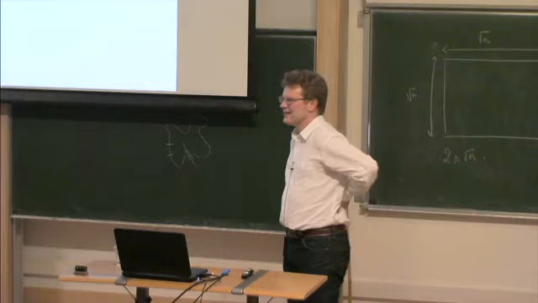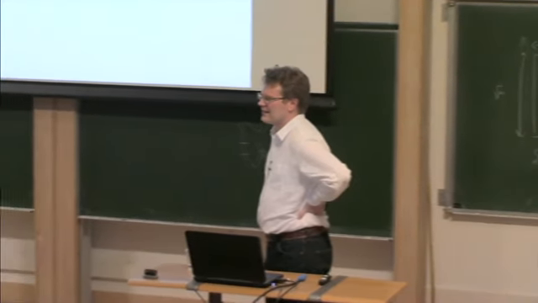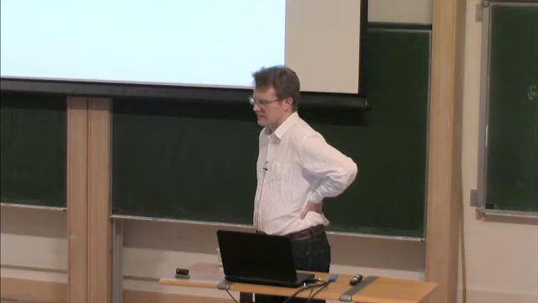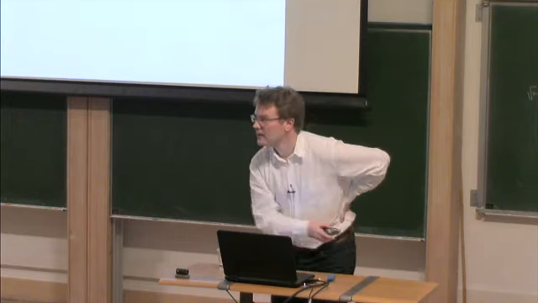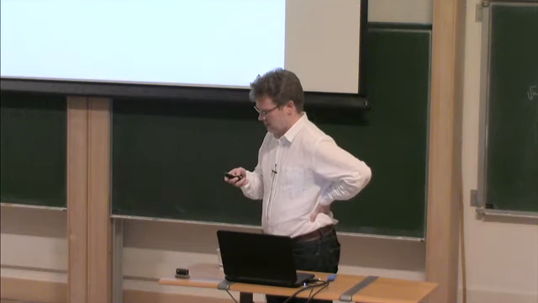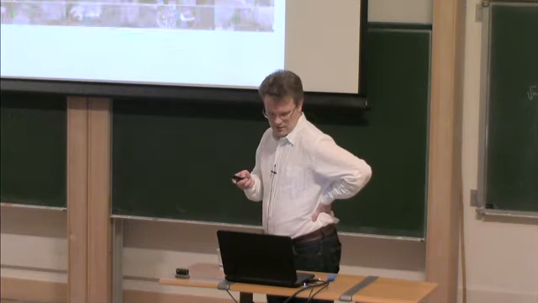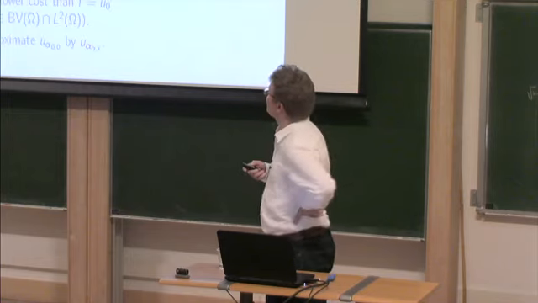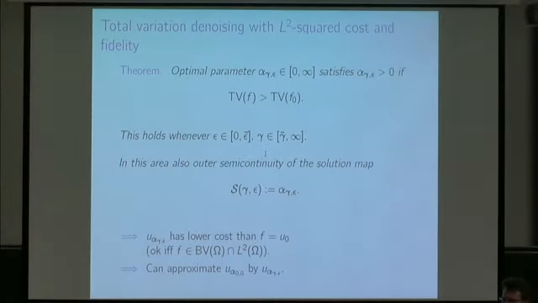When you use the inequality TV(f) bigger than TV(f0) or something, you mean this is the minimizer itself? You mean the minimum energy is bigger than... You mean this one? This kind of thing.